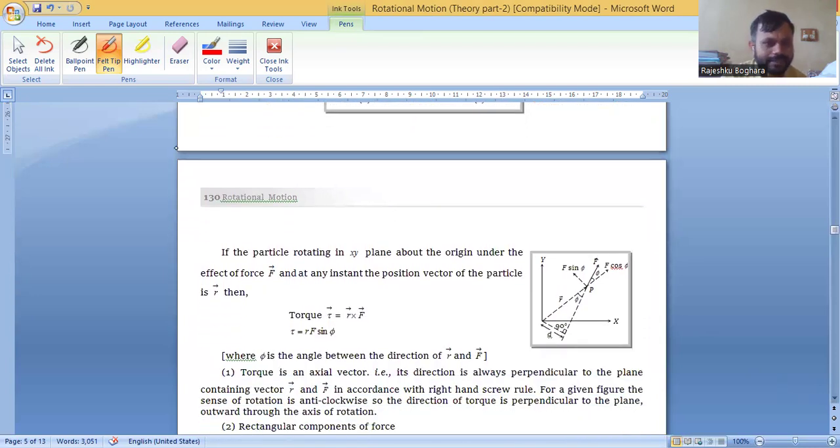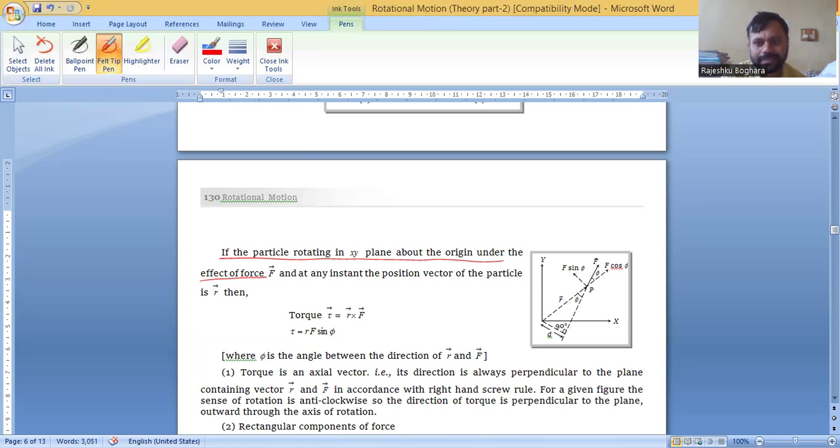Or consider a particle rotating in the XY plane about the origin under the effect of a force. This is the particle, the position vector of the particle is R, and the force acts in this direction. Now we take two components. The angle between R and the force is phi.